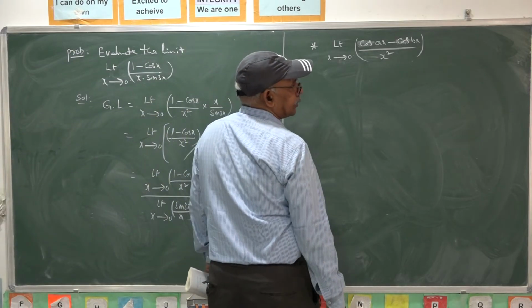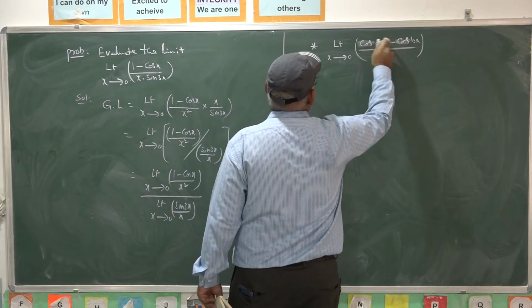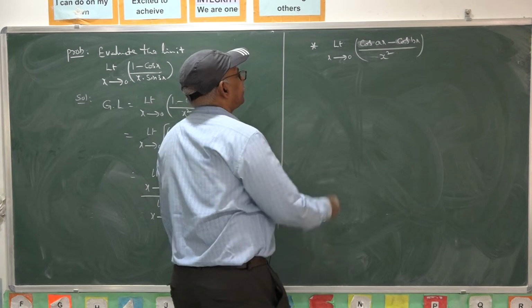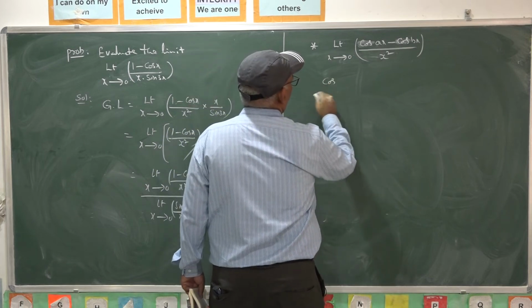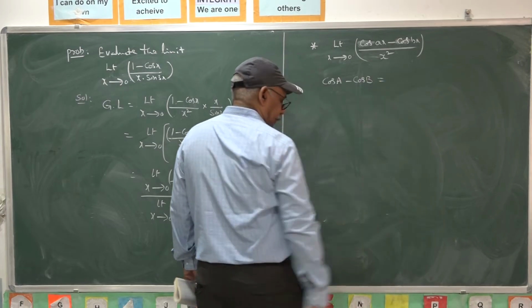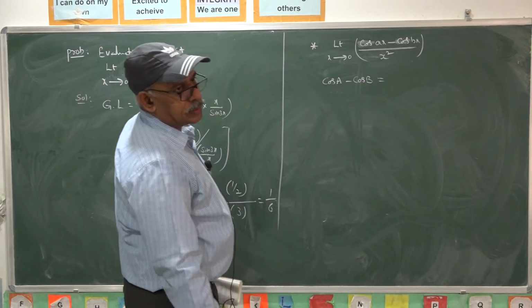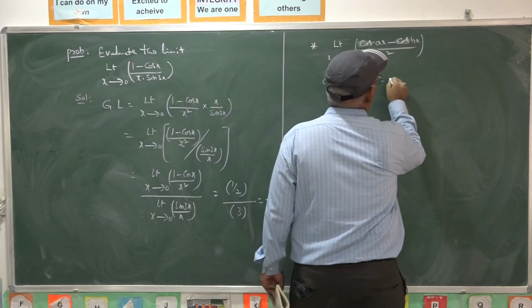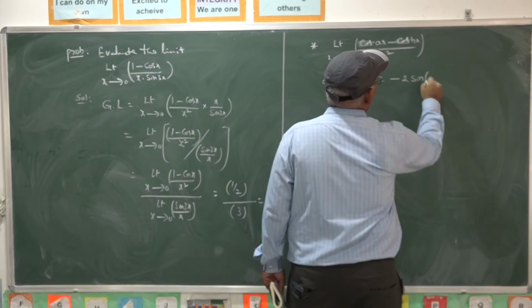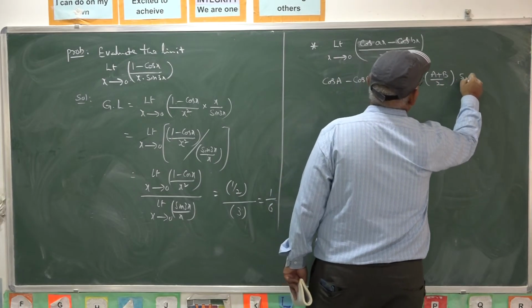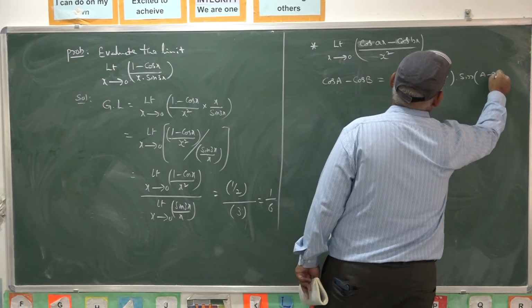In such case, apply trigonometric transformations. Cos a minus cos b is minus 2 sine of a plus b by 2 into sine of a minus b by 2.